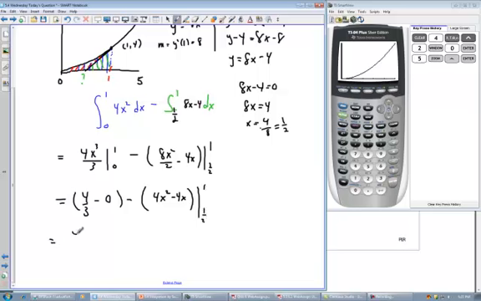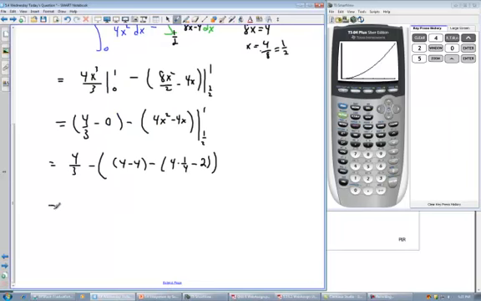And so this is equal to, and I just keep on going, 4/3 minus, and now I plug in a 1, and so when I plug in a 1, I get 4 minus 4, which is actually a 0, minus, now I plug in a 1/2, and so I get 4 times 1/2 squared is 1, minus 4 times 1/2 is a 2.